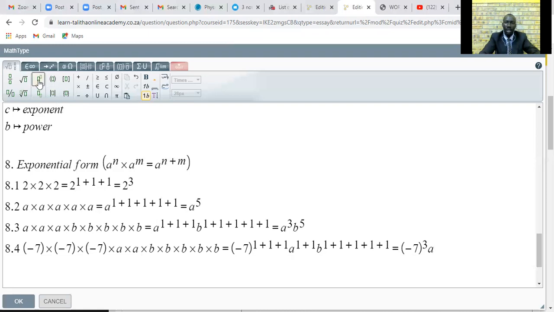So we have got a with exponent what? 1, 2. So we put it there. Then we also have b finally with exponent what? Well, the exponent b is 1, 2, 3, 4, 5. Just like that. Okay? So this is how we handle this section of question 8, part 8.4, or the last question. Okay? And then this also forms the last part of our correction.